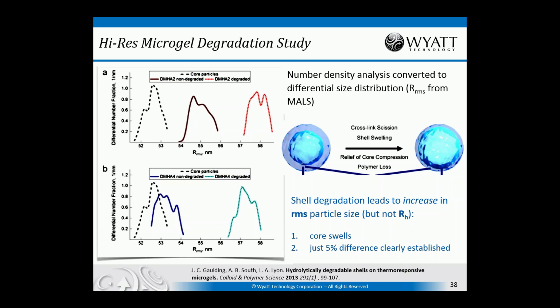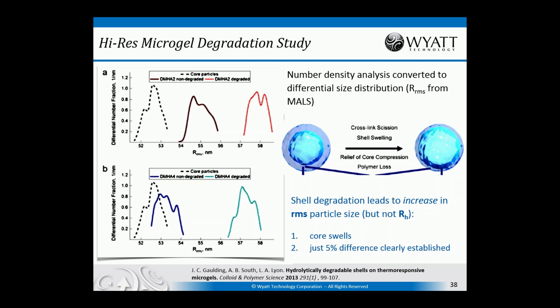So we had a core with a different type of shell, and the reaction caused the degradation of the shell, which caused a change in particle size. And what the group who did this study did was react their particles with the scission chemistry, run separations on FFF, and look at changes in size distributions.